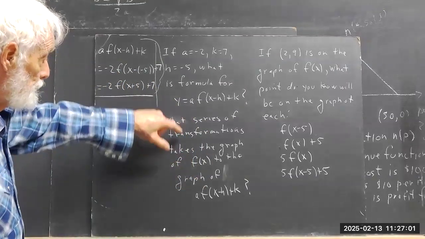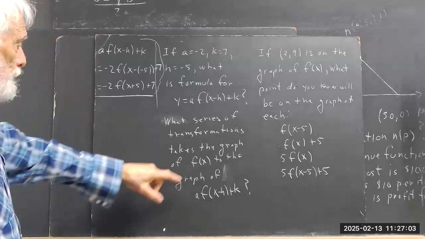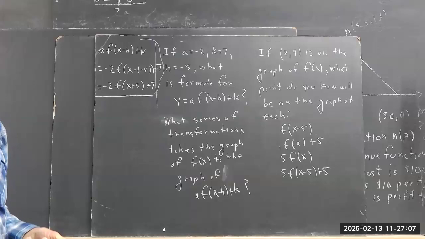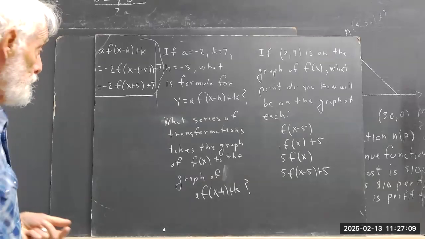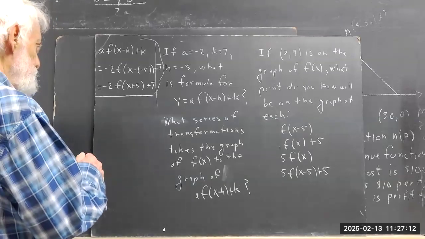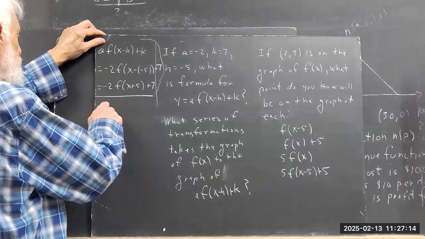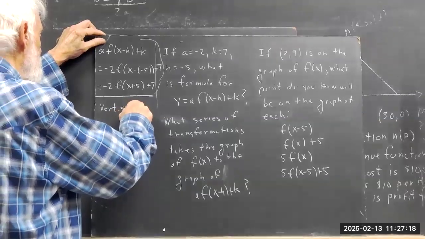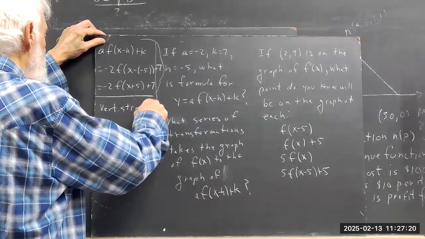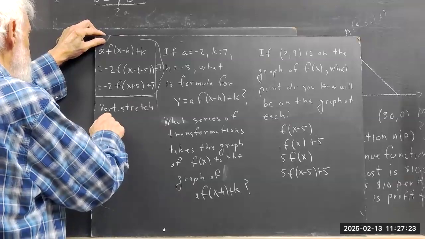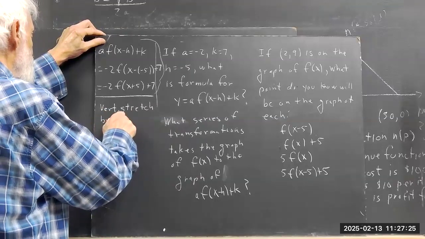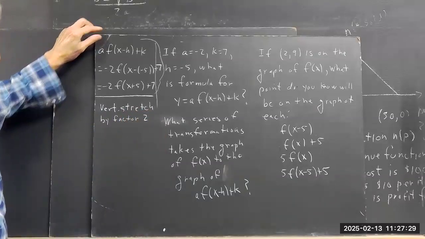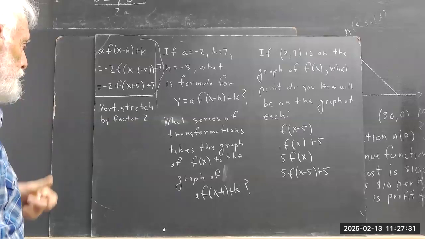Okay. What series of transformations takes the graph of f of x to this graph? Well, I got a lot of good answers on this. Okay. Now, the correct answer would be, I'll write it: vertical stretch by the factor of 2.